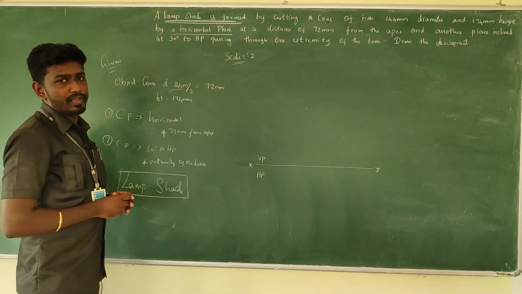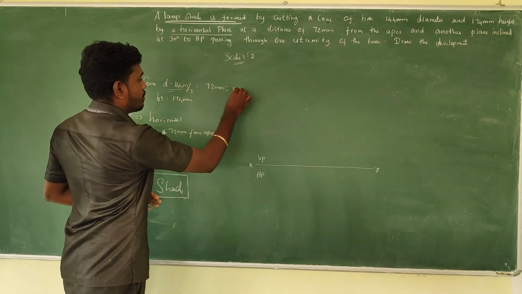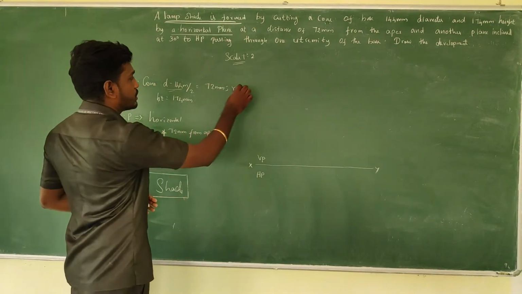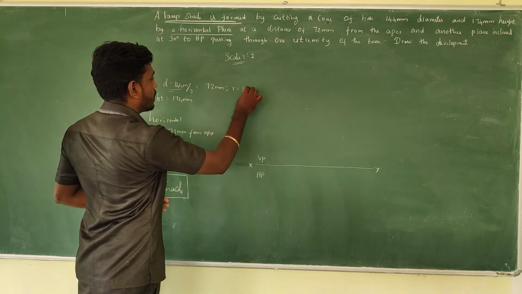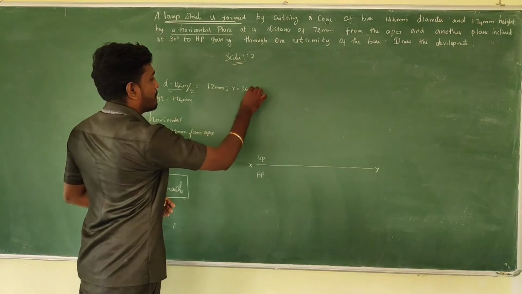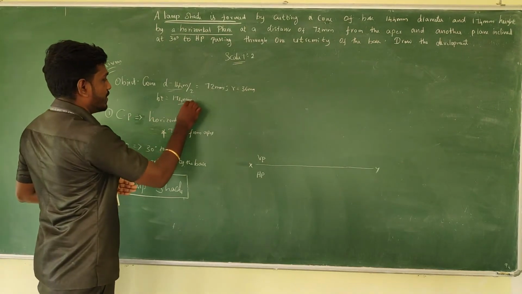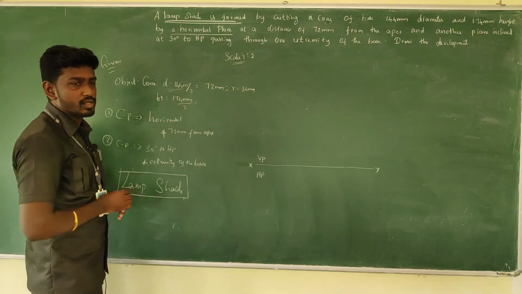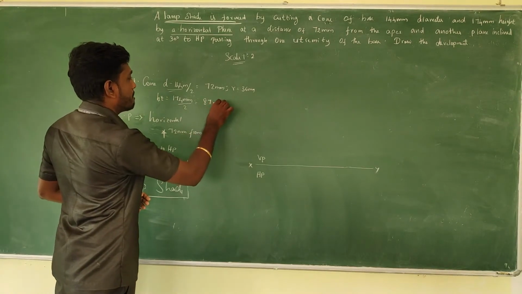What about the radius? We get 36 mm for the radius. What about the axis height? If you divide it by 2, we get 87 mm axis height.